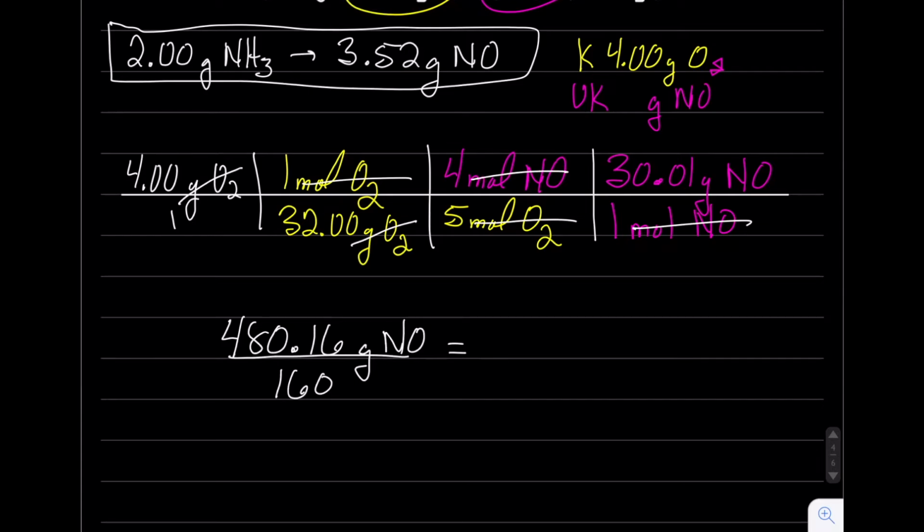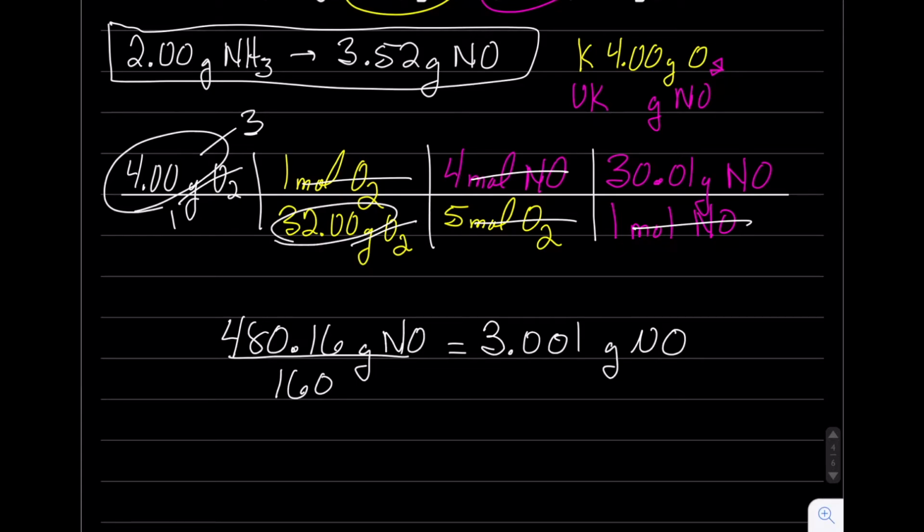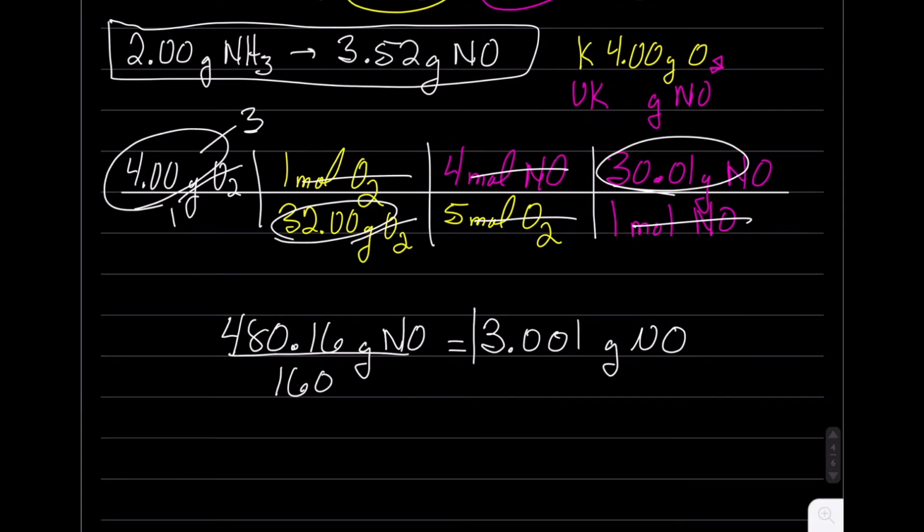And when I divide, I get 3.001 grams NO. And last step, of course, is sig figs. So our given has 3 sig figs. And then we have 2 masses, which we also use for sig figs. They're both 4. So we are going to use 3 sig figs. So we have 3.00 grams NO.